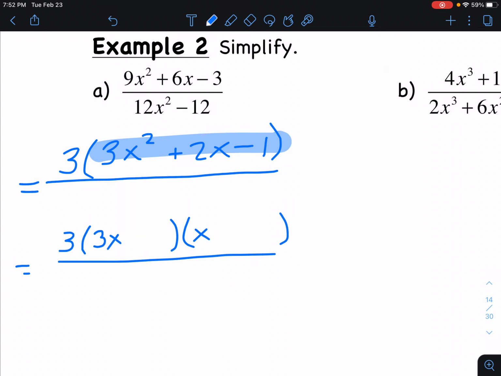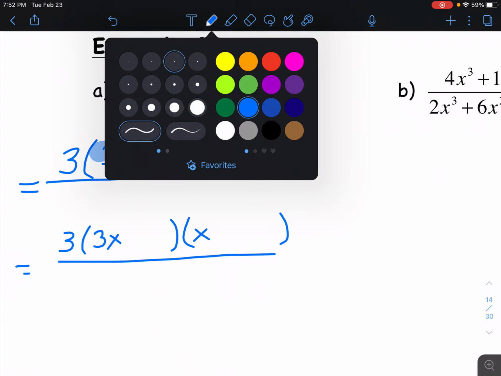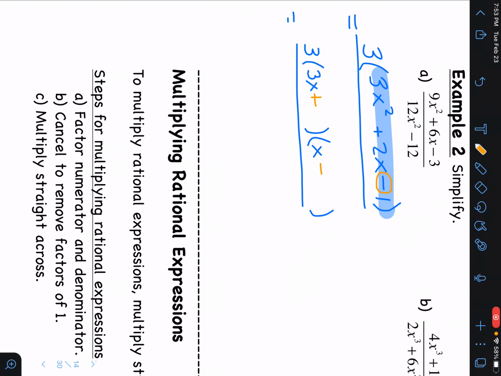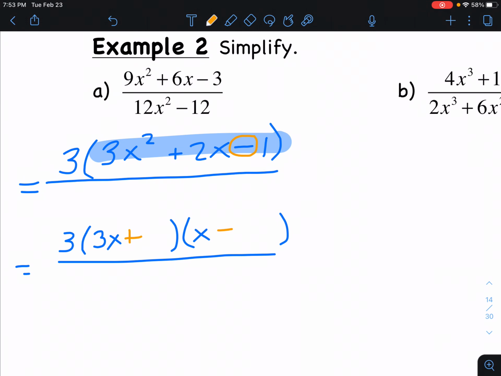And then the signs, what do they have to be? Remember, when the c term is a minus, your signs are automatically plus minus. Now, this can be plus minus or minus plus. When we get into our checking phase, this is going to play an important role.